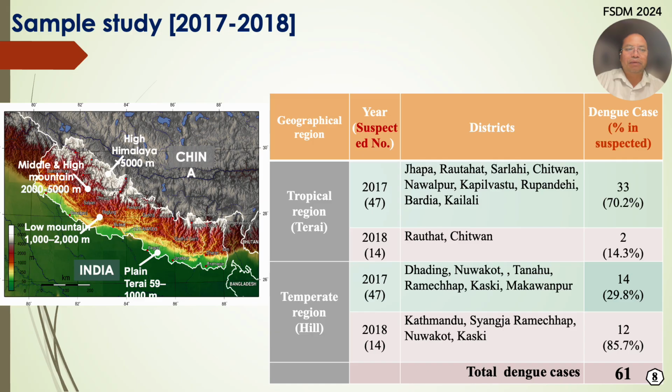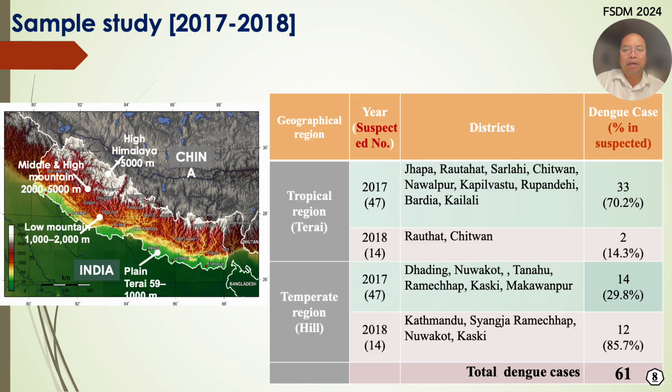On the left, there is a map of Nepal, with India in the south and China in the north. Bordering India we have the tropical areas, the Terai belt, which has an altitude of 59 to 1000 meters.